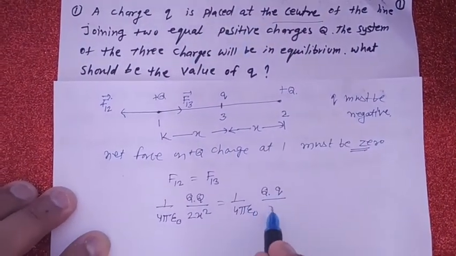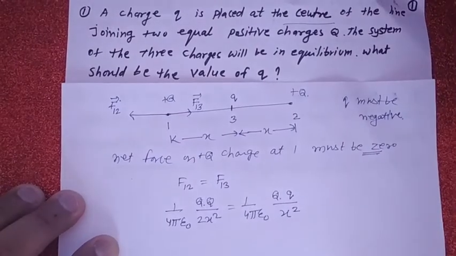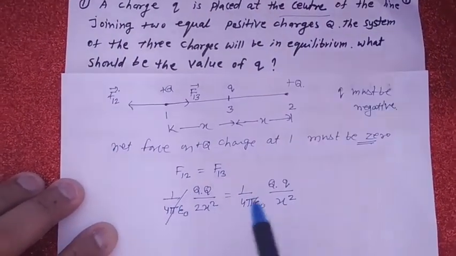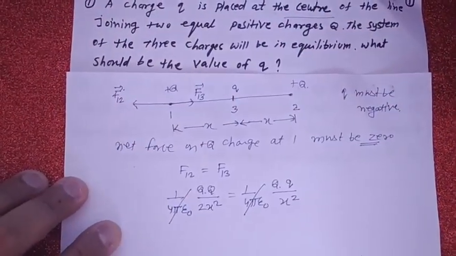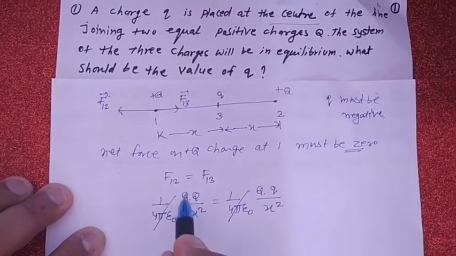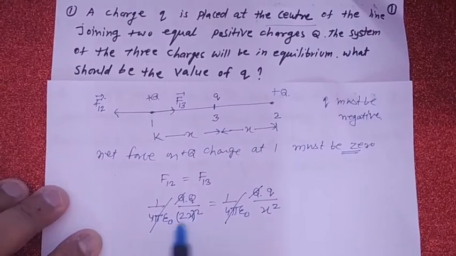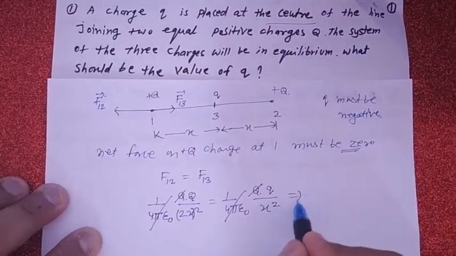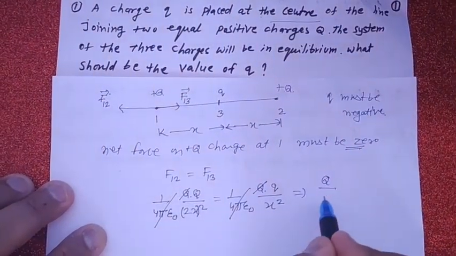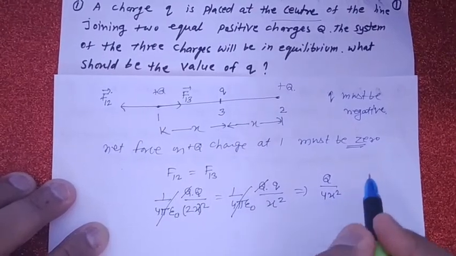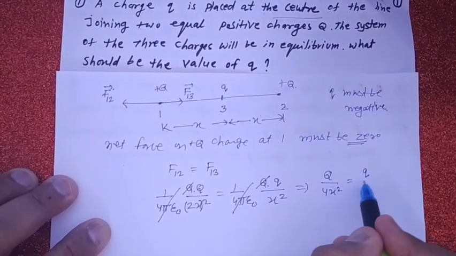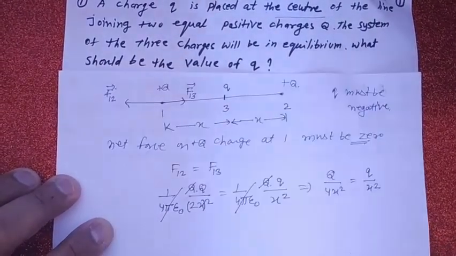So from this, 1 upon 4 pi epsilon 0 cancels. Here you see this is 2x whole square. So what we have? Capital Q upon 4x square equal to q upon x square.